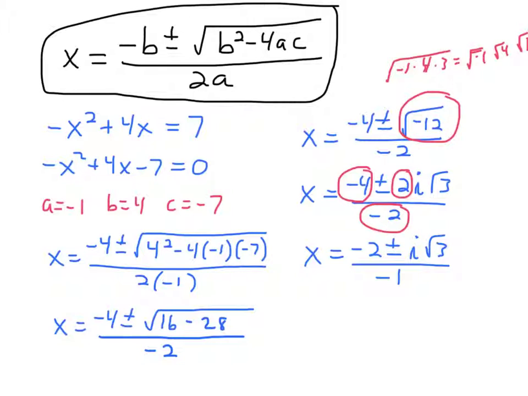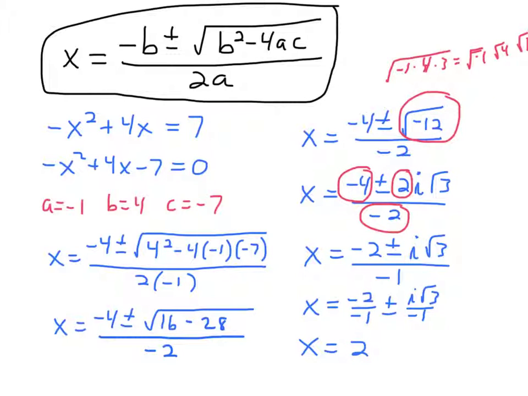And when you divide something by negative 1, it just changes its sign. So you could break this up and do them both separately. You could take negative 2 divided by negative 1, and then plus or minus i root 3 over negative 1. And that would give you a positive 2.